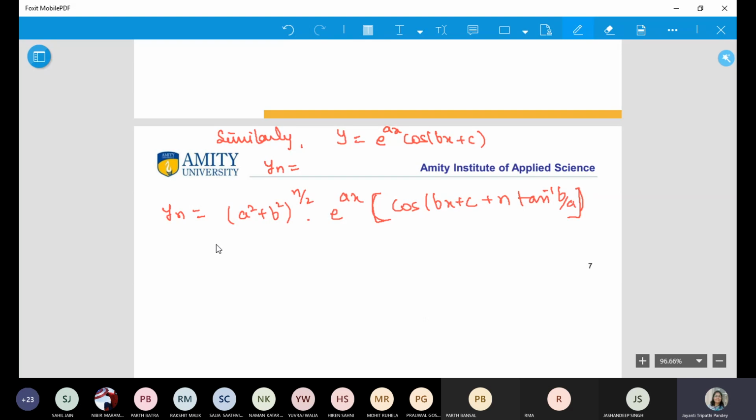Is it okay? This is same as r to the power n e to the power ax cos(bx plus c plus n theta). I hope you can understand. Is it fine? Yes, ma'am. Understood? Yes, ma'am.